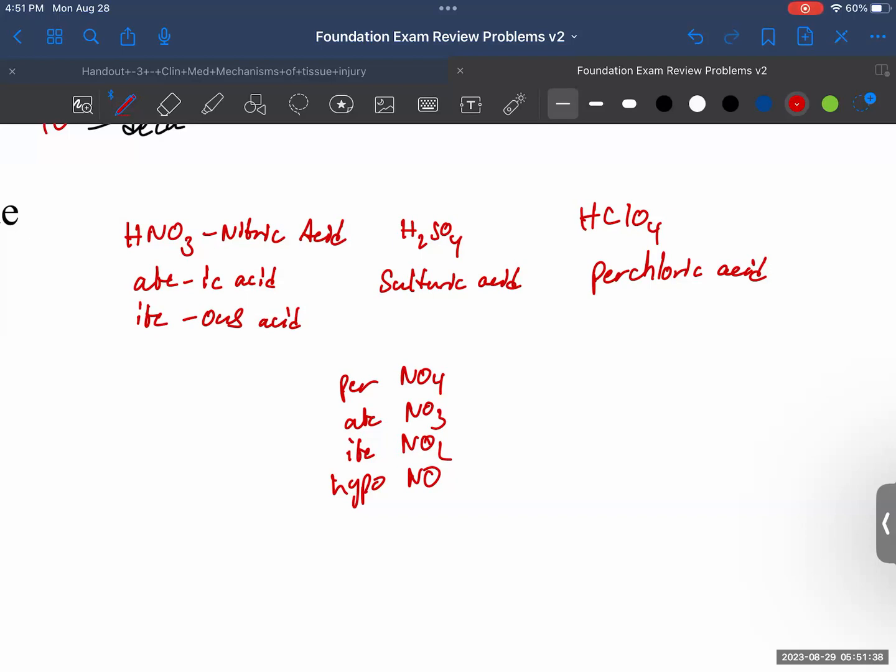All right, what about this one? Hydrobromic acid. So here's sort of a special thing. Whenever there is no oxygen in your compound, you have to use hydro. So it's just H and a Br, there's no oxygen involved.